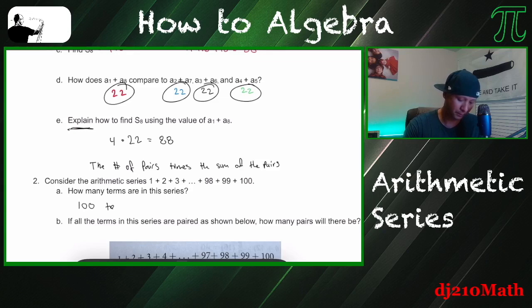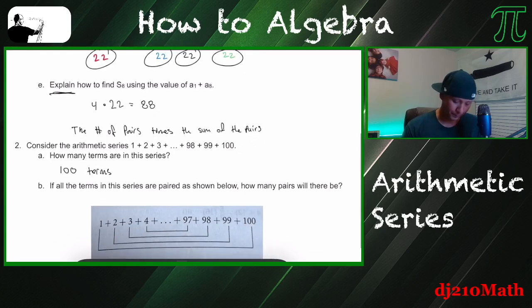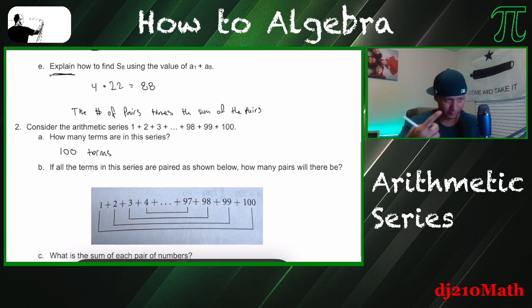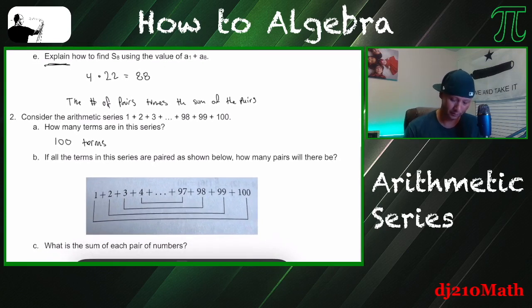There are 100 terms. Taking the idea from the previous problem, if all the terms in the series are paired up, how many pairs will there be? There are 100 terms and everyone has a pair, so there would be 50 pairs.